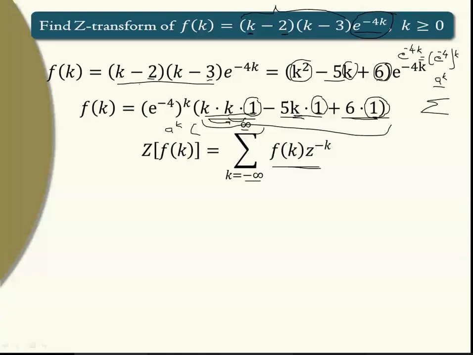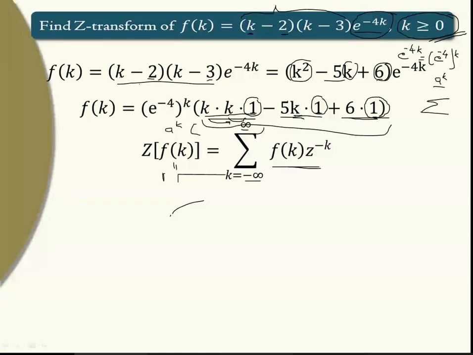Now here we have to substitute f of k. We have to consider f of k as 1. But what are the limits? Limits are from minus infinity to infinity. But what values does k take? k takes values greater than or equal to 0. In the problem, it is given that k must be greater than or equal to 0.